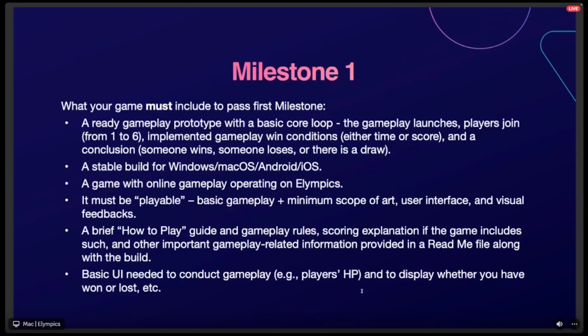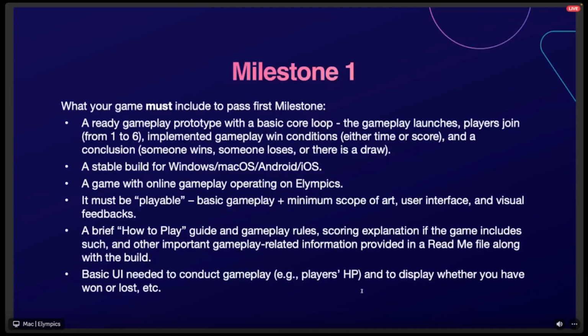It should contain basic gameplay and a minimum scope of art, so it can be done with so-called programmer art. It doesn't have to be made with the final assets, but it has to be understandable what I can do in the game. What's the goal of the game? So some basic interface, like health points, if the game has health points.